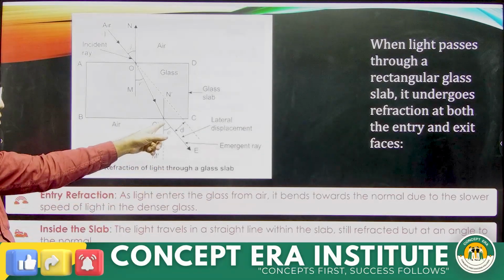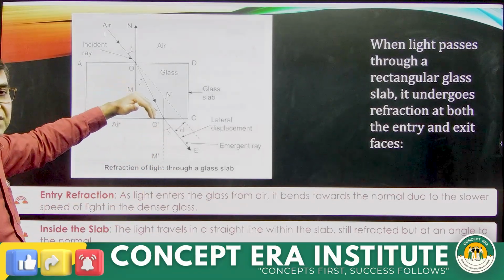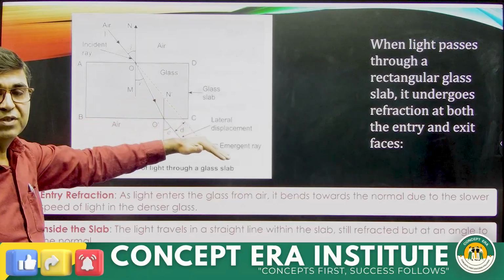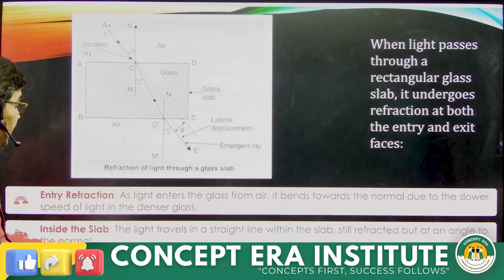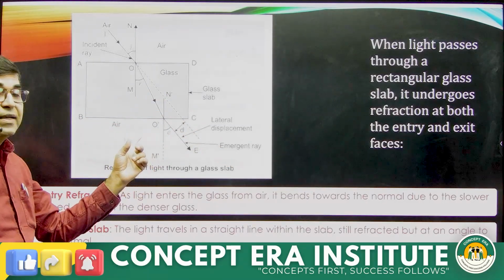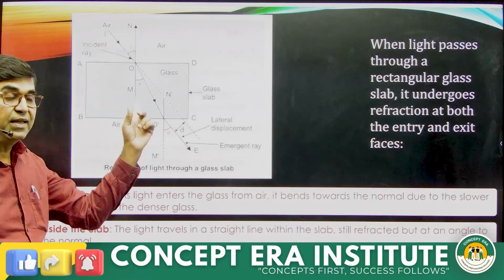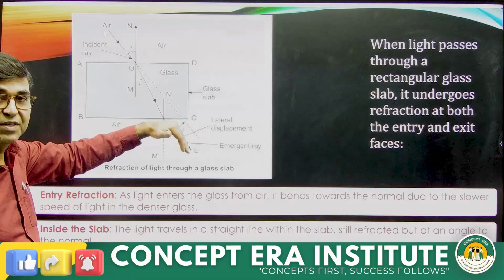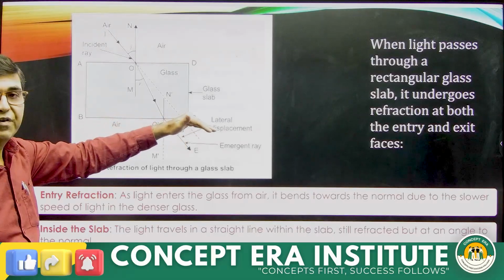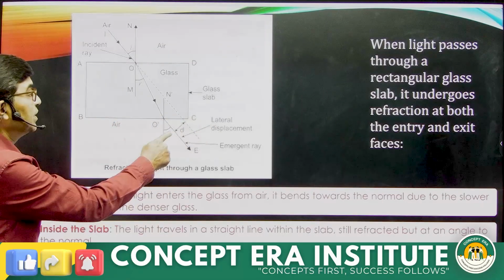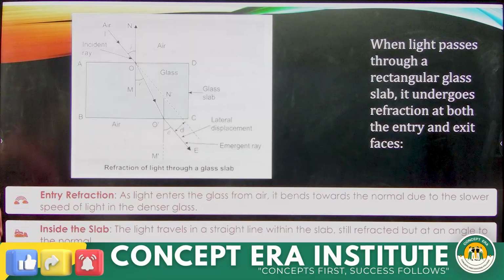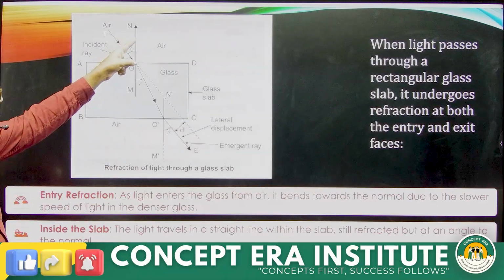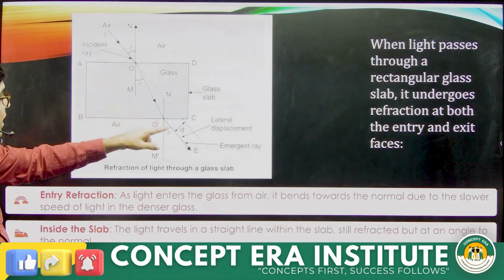At the exit point, the light is now traveling from glass into the air. Here, as air is less optically dense than glass, the ray of light that is emerging from glass will move away from the normal. So this is the angle of incidence, angle of refraction, and angle of emergence.